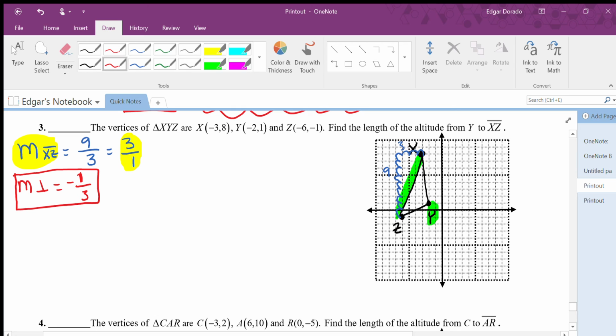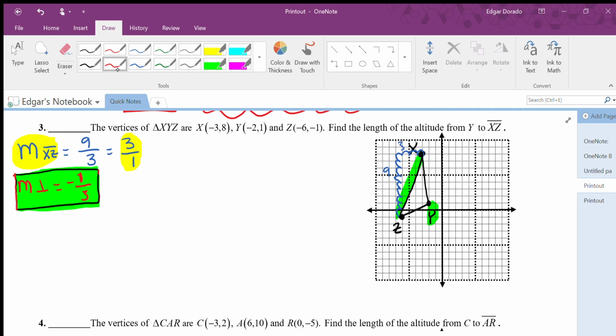This is my new slope. Negative 1 over 3. In other words, down 1, right 3, or exact opposite, up 1, left 3. Doesn't matter which way you look at it.